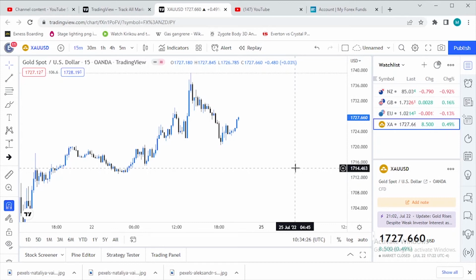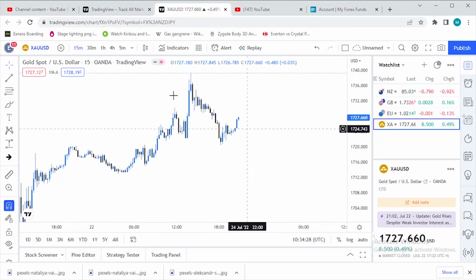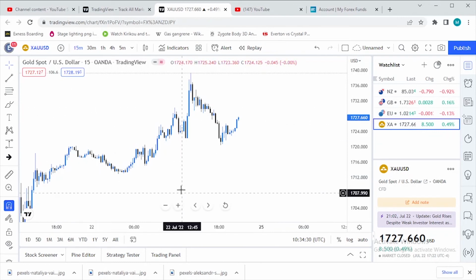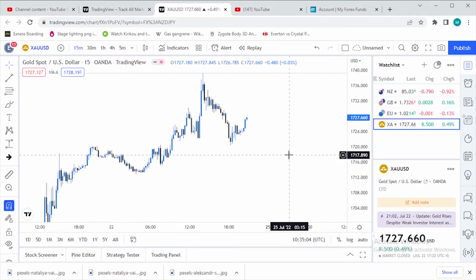Same with silver and the other metals. Also, speaking about how to measure in your head the amount of money you are making by each pip move or by each price movement, you don't always have to go to pip calculator sites to determine how much you are making.